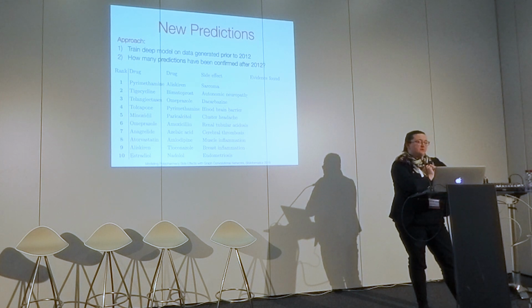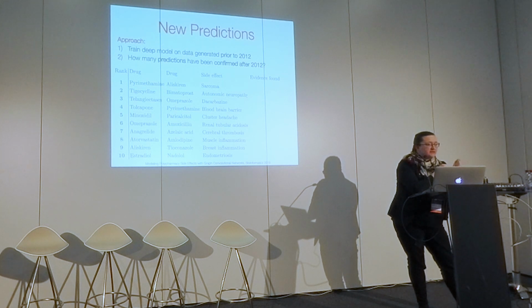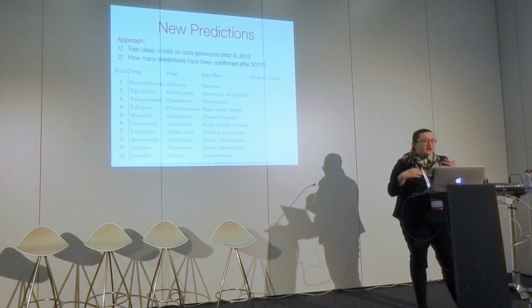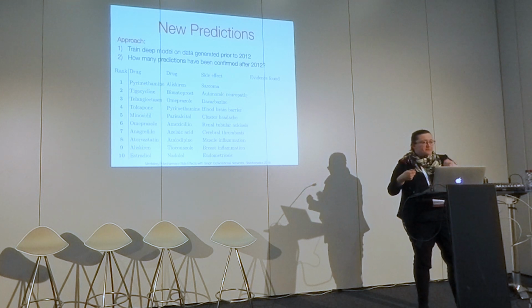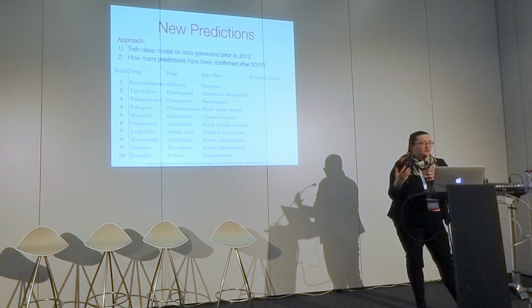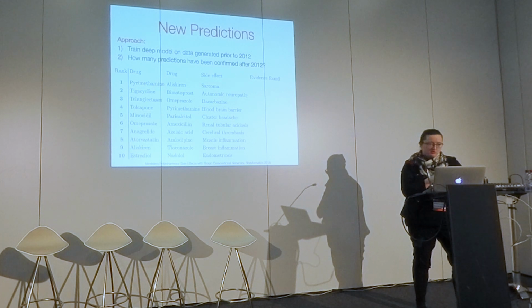And we evaluated the top-ranked predictions made by the model against the findings that were published and discovered after 2012. So we use this time machine approach to pretend as if today is 2012 and see how well the method performs.